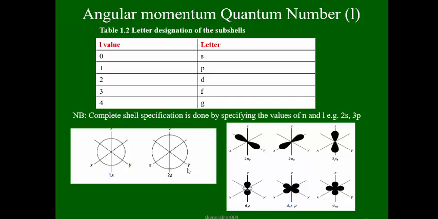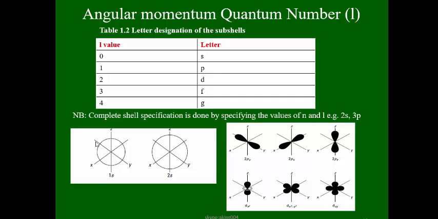So these are the shapes of the subshells that we have. This one is S. This one is another S, 1S and 2S. That's what we are saying about the size and the principal quantum number. The two of them are S, the same shape, but this one is 2S on the second energy level, this one on the first.